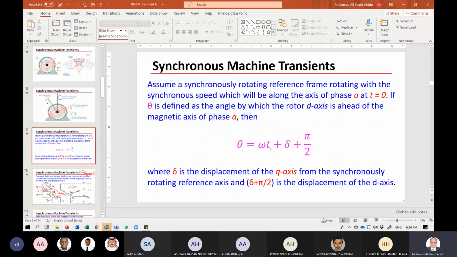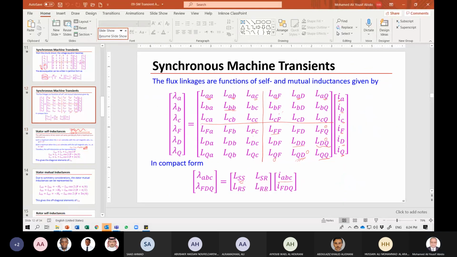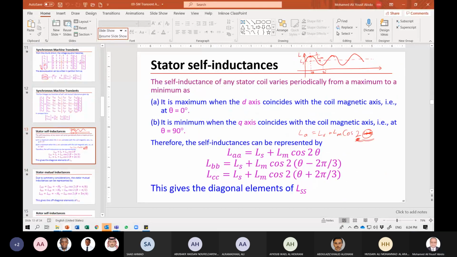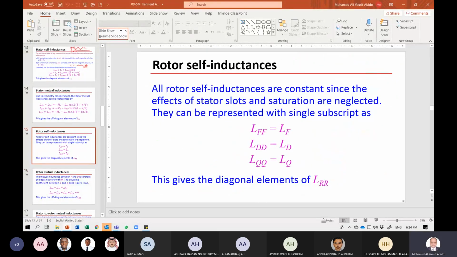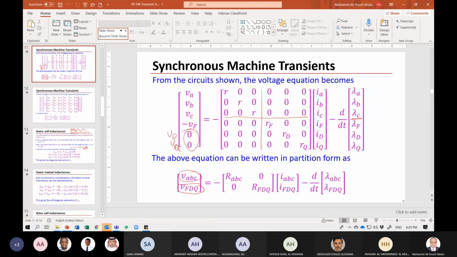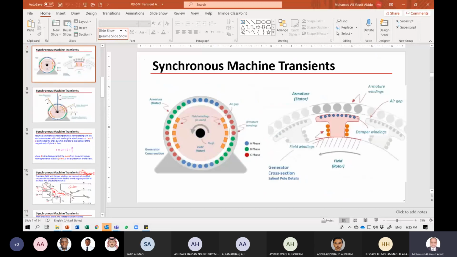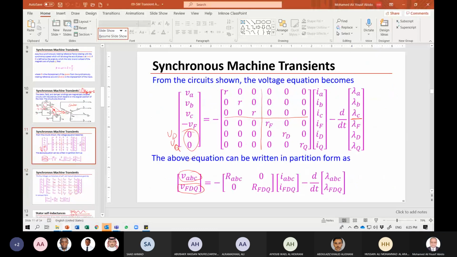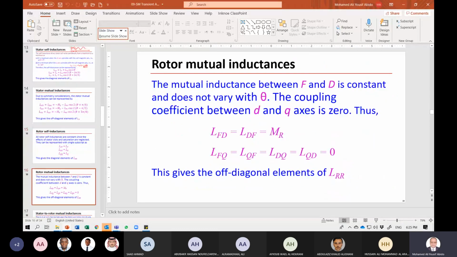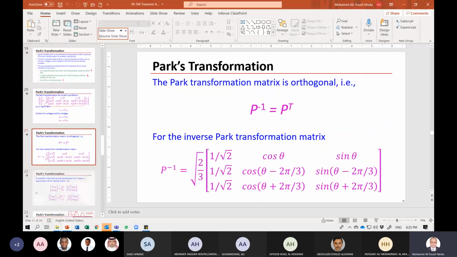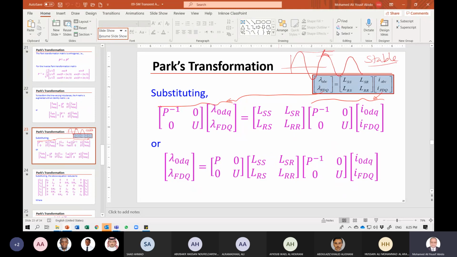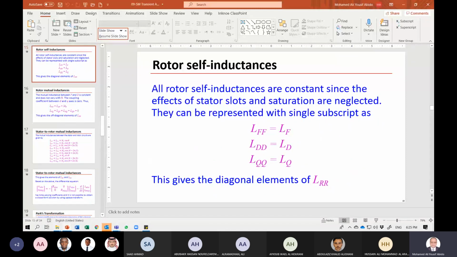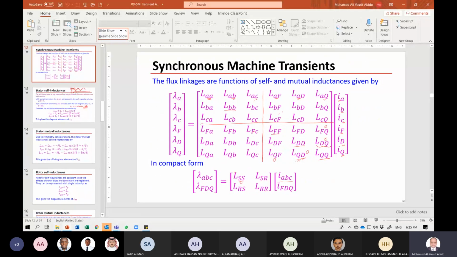When we start developing these equations here, in terms of currents, maybe I don't think on the end here. Yeah, I think this is the equations here.